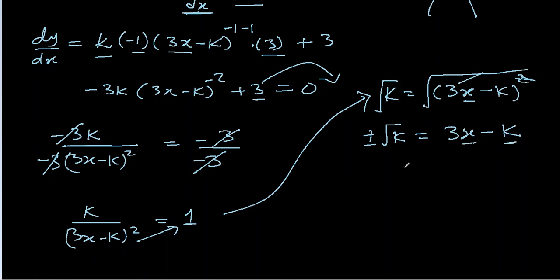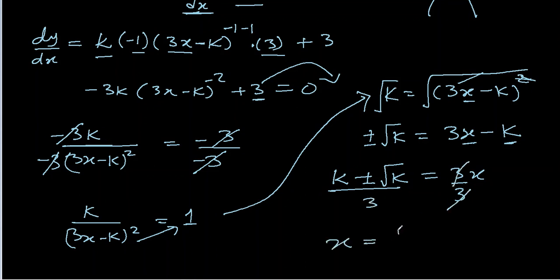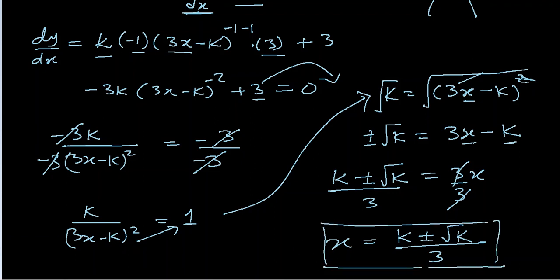Let's bring this k to the left side. It becomes positive k plus or minus square root k equals 3x. And now divide both sides by 3 so that this 3 cancels out and x finally comes out to be (k plus or minus square root k) over 3. This is the value of x at a stationary point in terms of k.